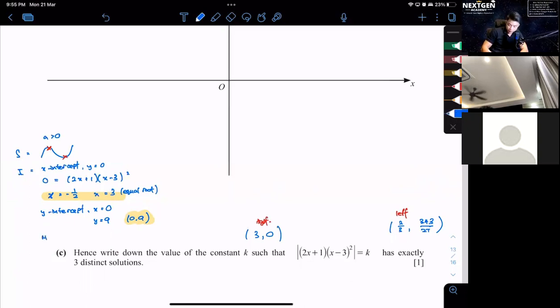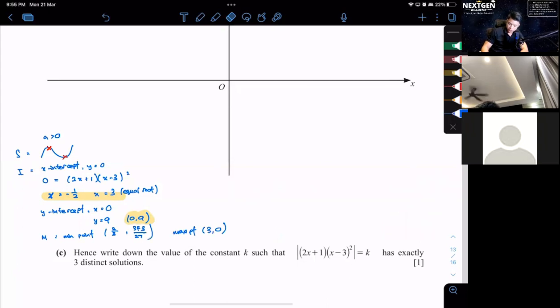M means my minimum point. The left side one will be the maximum point, because it will be a sad face first, an n graph first. So the minimum point will be (3, 0), and your maximum point will be (2/3, 343/27). There's a reason why I write this. Later we'll understand a little better.